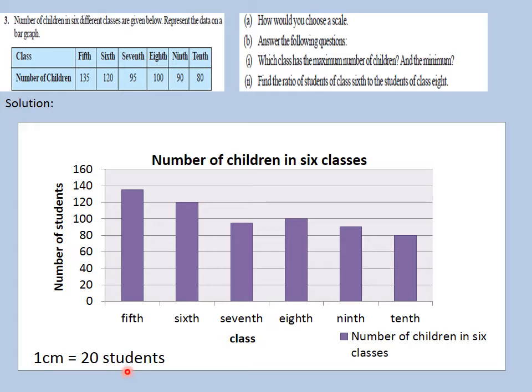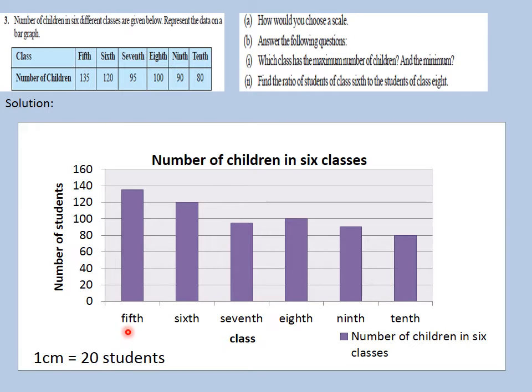If you take 1 centimeter equal to 10 students, the graph becomes a little longer. If you take 1 centimeter equal to 20 students, my graph is like this. You can take it any way you want, 10, 20, like that.